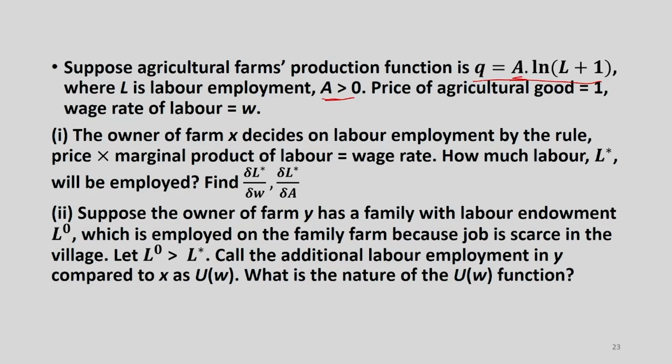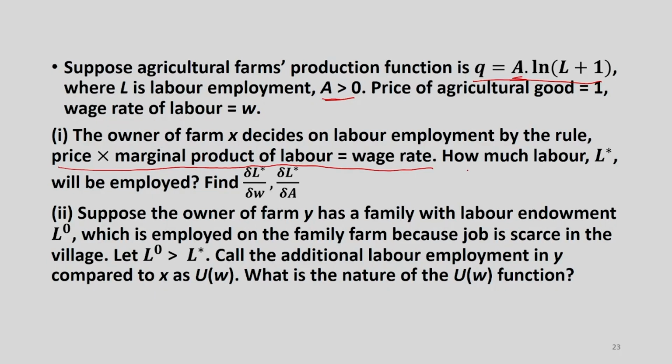Then we are having two questions here. The first one is the owner of firm X decides on labor employment by this rule: price multiplied by the marginal product of labor is equal to wage rate. So, this rule decides how much labor the owner of firm X will employ.